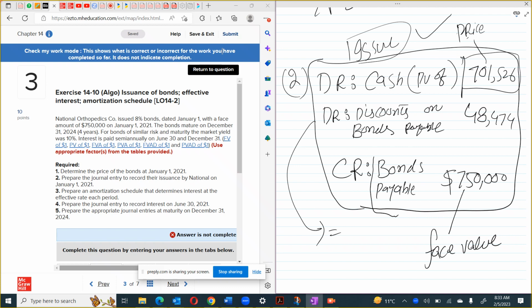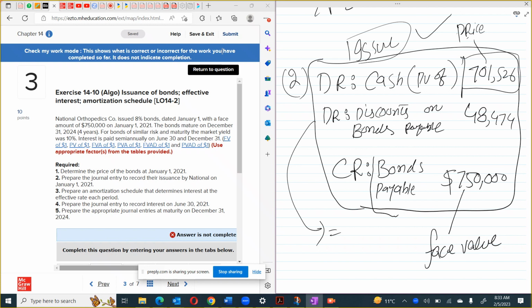So actually we are amortizing only the discounts. In the effective interest method, the discount changes every period because it's effective. But in the straight line method, cash interest is the same, recorded interest is the same every period, and increase in balance is the same every period.